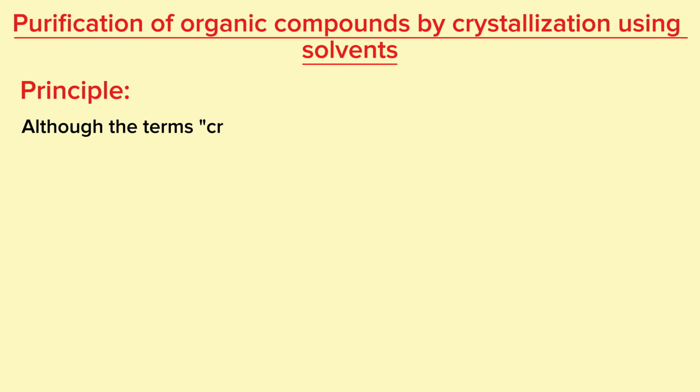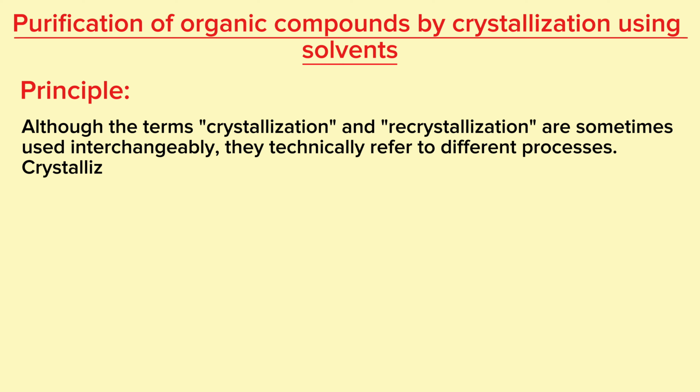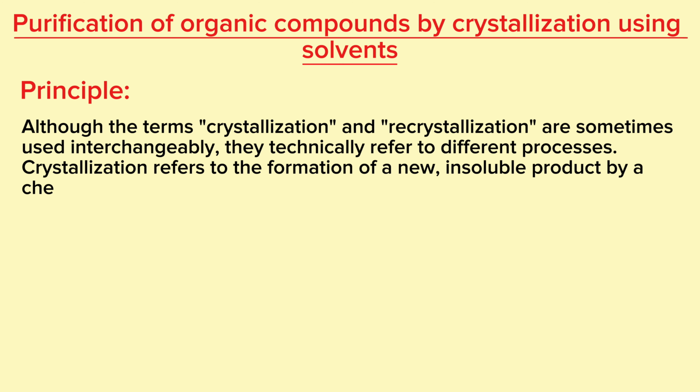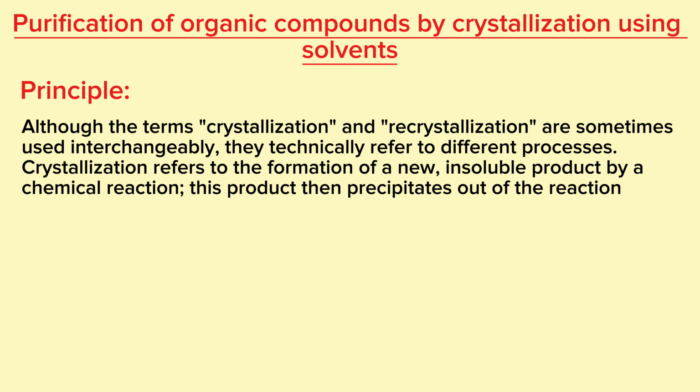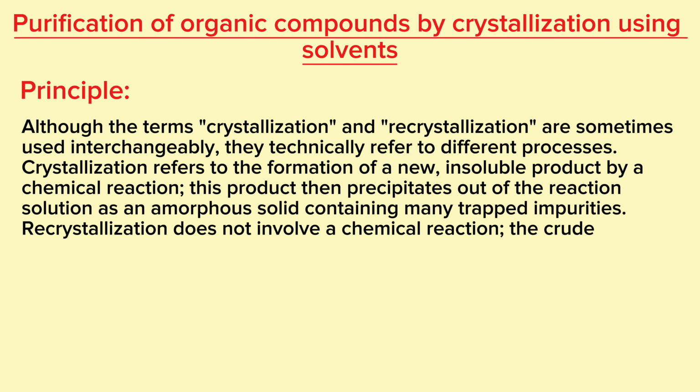Although the terms crystallization and recrystallization are sometimes used interchangeably, they technically refer to different processes. Crystallization refers to the formation of a new insoluble product by a chemical reaction. This product then precipitates out of the reaction solution as an amorphous solid containing many trapped impurities.